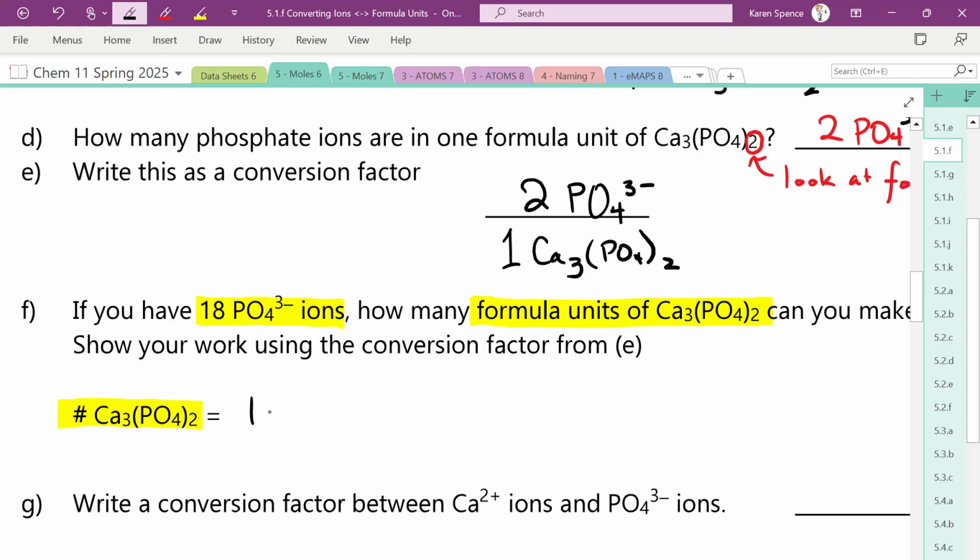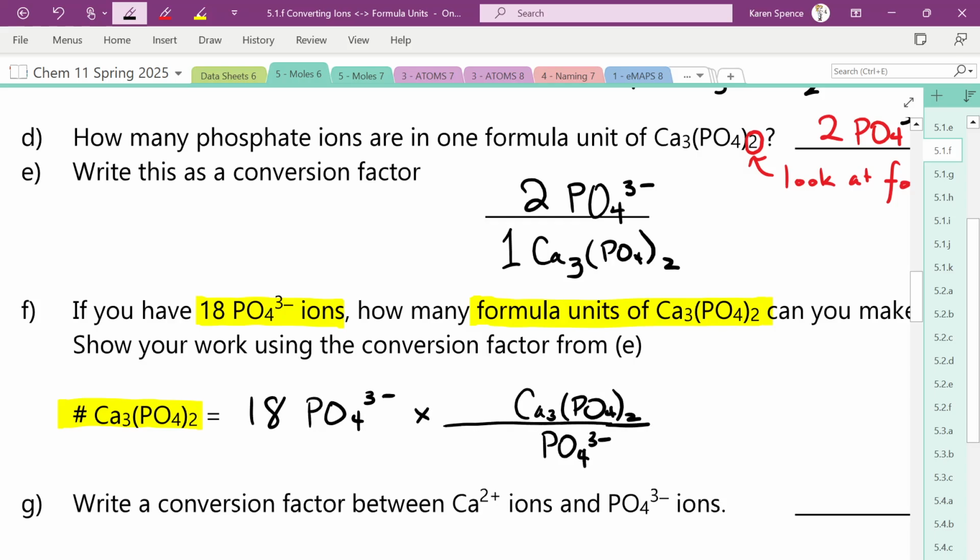And I'm starting with 18 PO4 3 minuses. What do I have to put on the bottom? I have to put my PO4 3 minus on the bottom, and I need to put my Ca3(PO4)2 on the top.